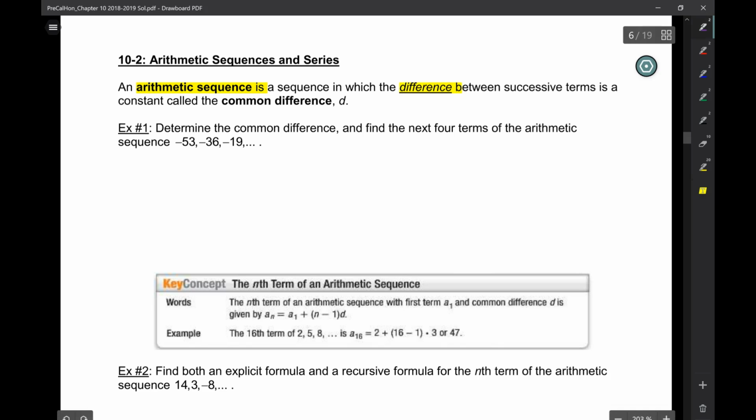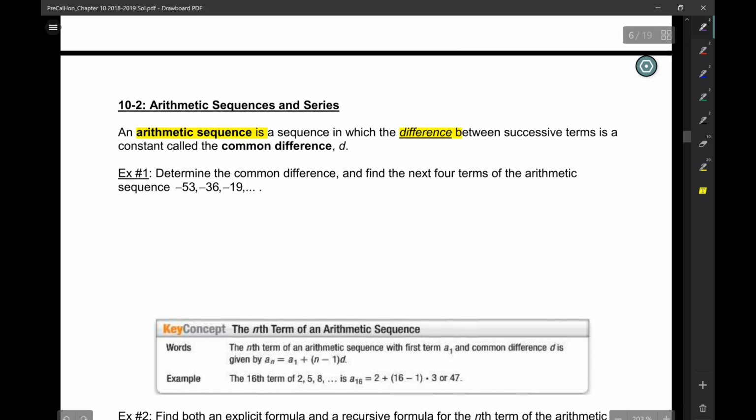So for example, you create an arithmetic sequence when, let's say you start with a number, like, give me a number. 12. And then to this one, you're going to keep adding the same number. So let's say 2. So you do plus 2 and you get 14, plus 2 and you get 16, 18, 20, and so on.